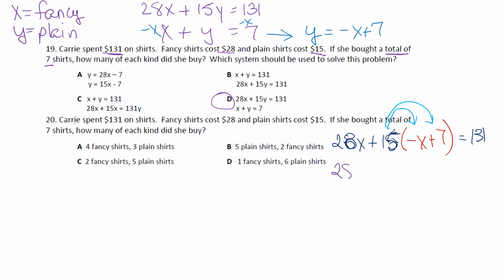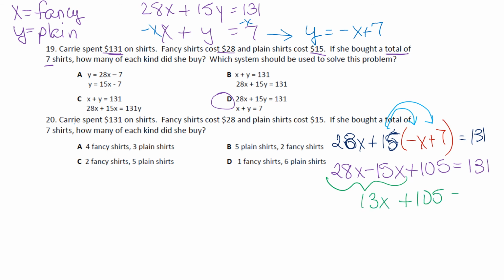So that's going to give me 28x minus 15x plus 105 equals 131. At that point, you want to combine your like terms. So 28 minus 15 would give me 13x plus 105, bring down what we did not use, equals 131.